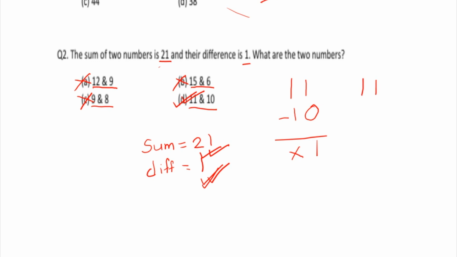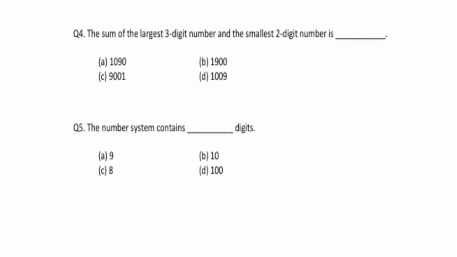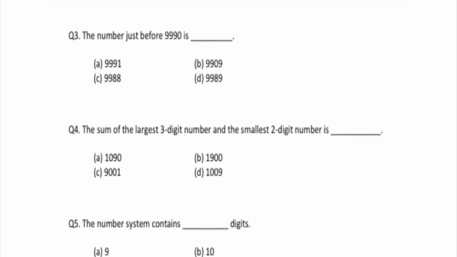And let's see the addition one. The sum should be 21. This will give us 21. So option D is the correct answer. Okay, did everyone understand? Okay, let's move on to question number 3.